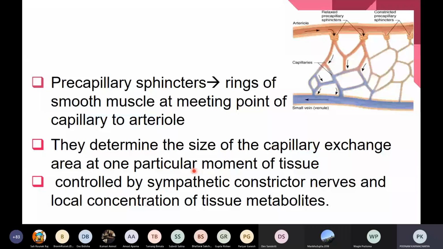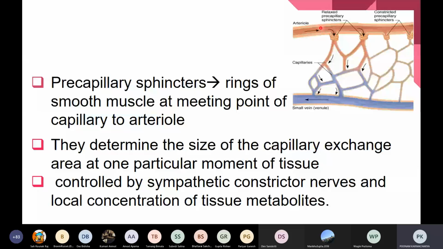At the same time, there can be local dilators, like in case of hypoxia, in case of increase in body temperature, in case of accumulation of carbon dioxide. They are going to cause dilation of this precapillary sphincter, and that will lead to decreased resistance and increase in the distal blood flow, right?